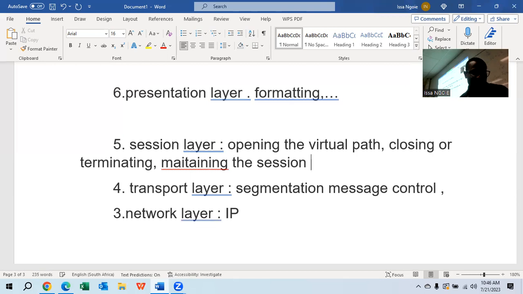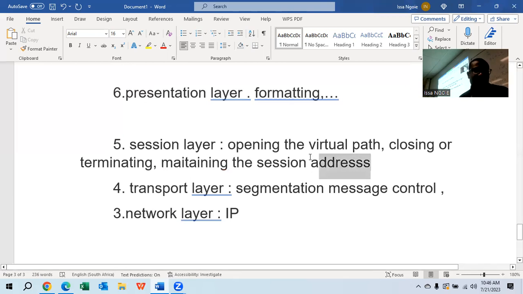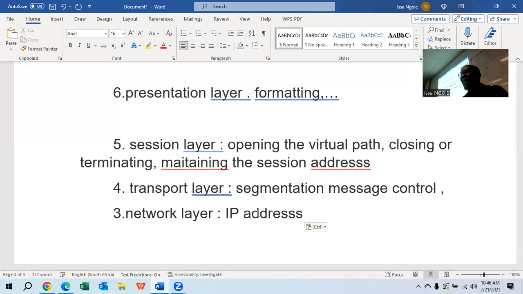IP address. Because you're gonna ask yourself, how come I'm here, sending to my mother's, maybe in Cape Town, but my message will reach Cape Town? How come? Because there is a network layer. The network layer will make sure your message will reach the proper network.